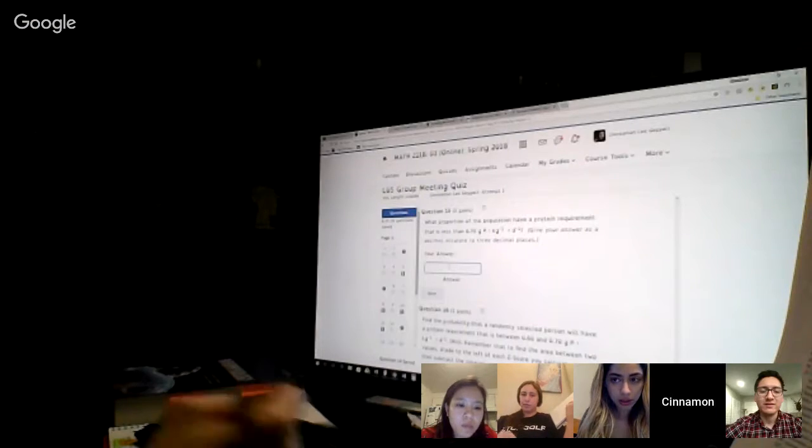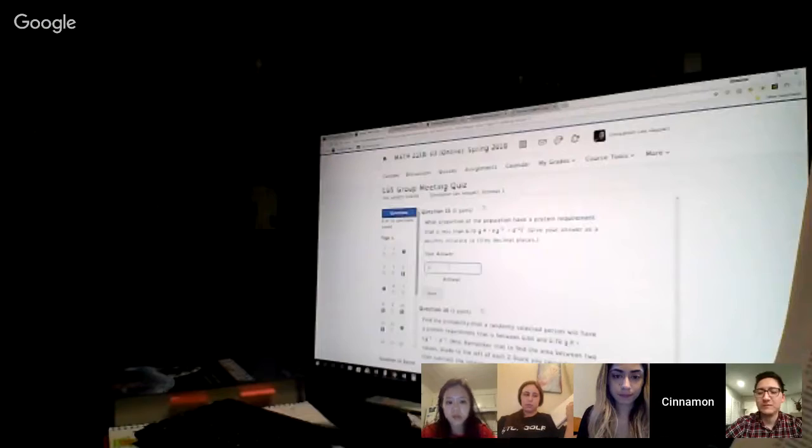This time it's 5 above the mean. So your z-score doesn't change because it's the same distance from the mean. Oh, that makes sense. The only thing that changes is whether you are looking for greater than or less than. But it's going to be the same z-score, so that's why it's very similar. Okay, that makes sense.